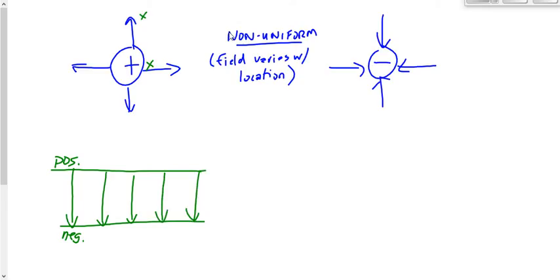These field lines are parallel to each other, which means the field does not vary with location. The field strength right here is exactly the same as the field strength right here. This is a uniform field because the field is the same everywhere.